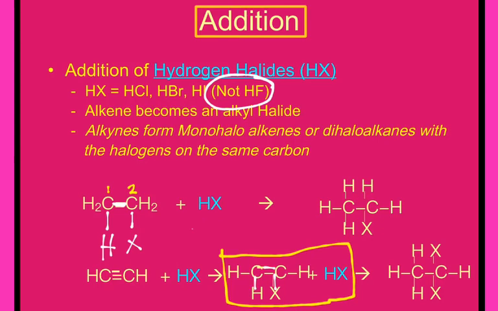Let's call them numbers again. Let's call this one carbon 1, and then carbon number 2. All right, so what happened is, on carbon 1 and carbon 2, tell me which carbon has more hydrogens around it.